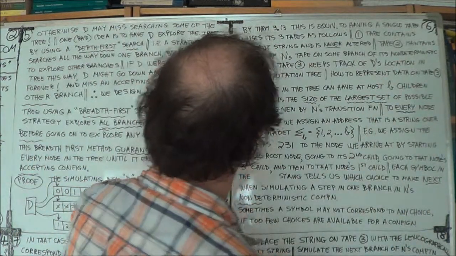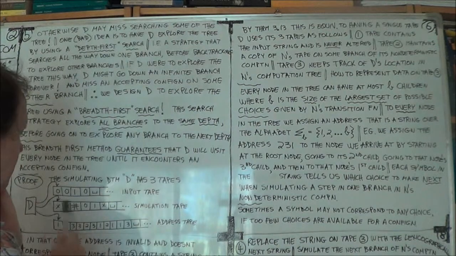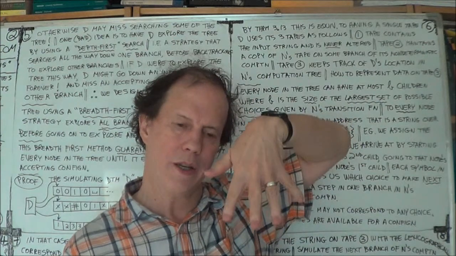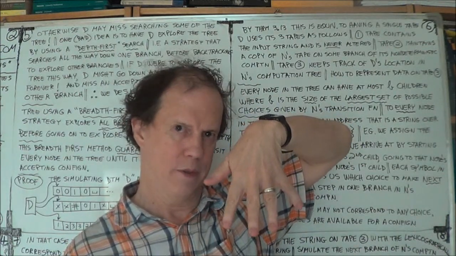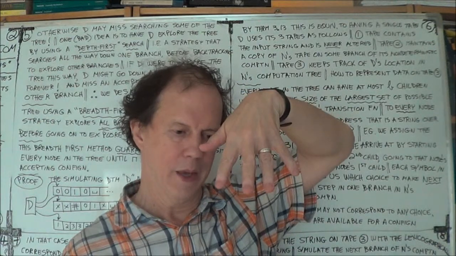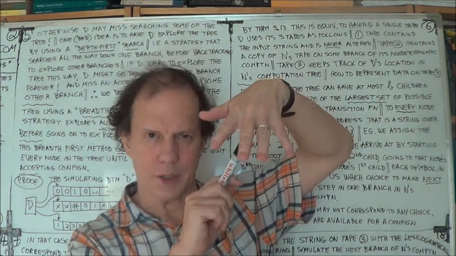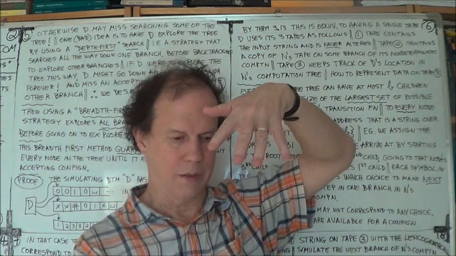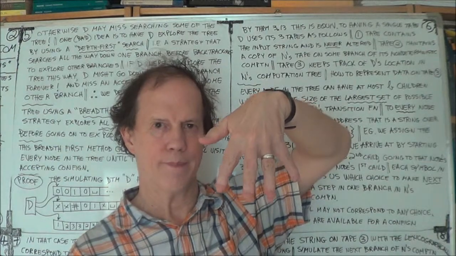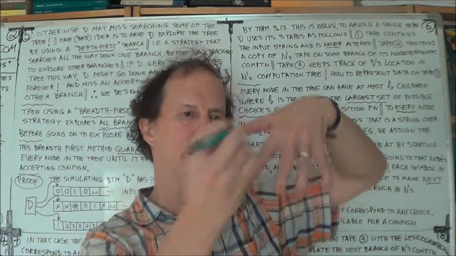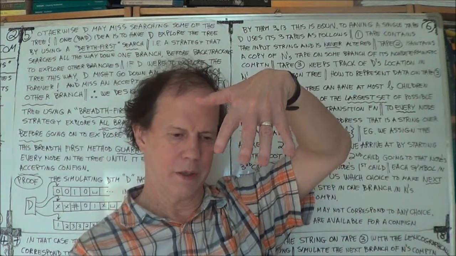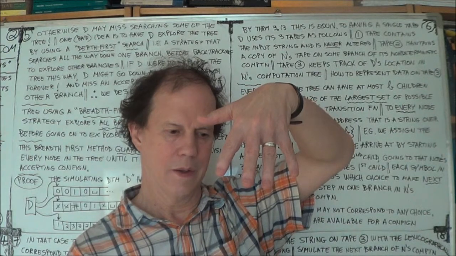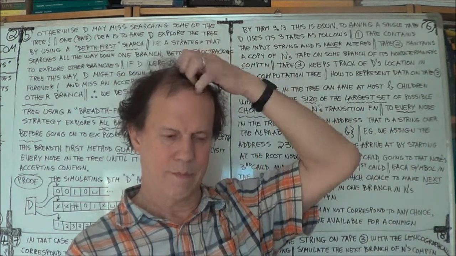Now, what's tape 2? Well, here's your computation tree for N, your non-deterministic Turing machine, and you choose a particular path, a branch, from the root node down to a leaf.